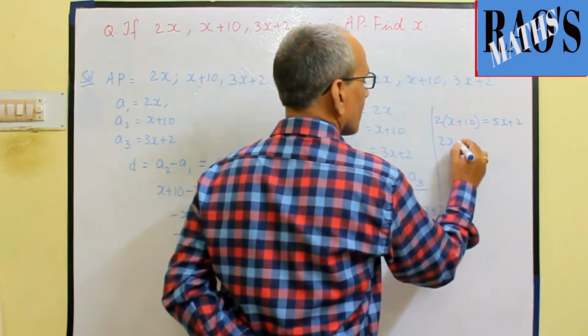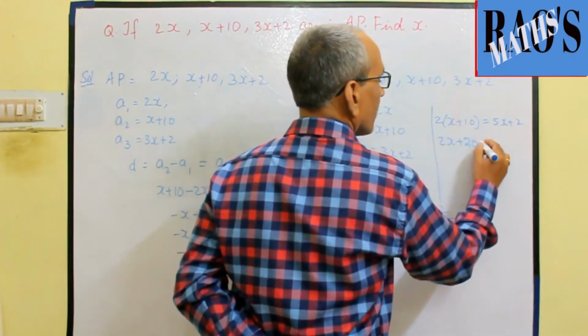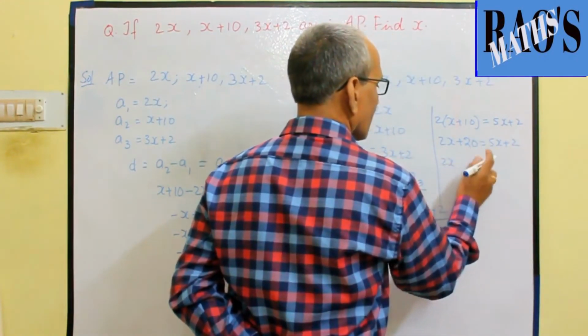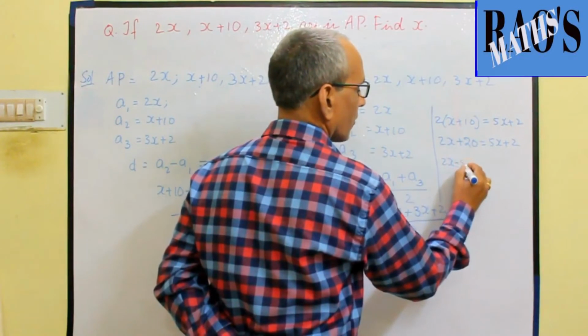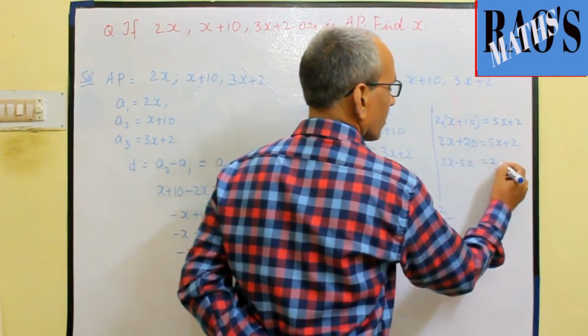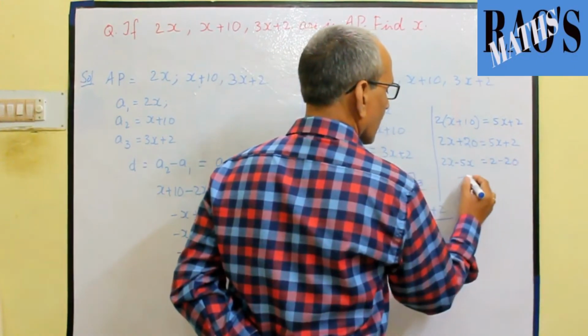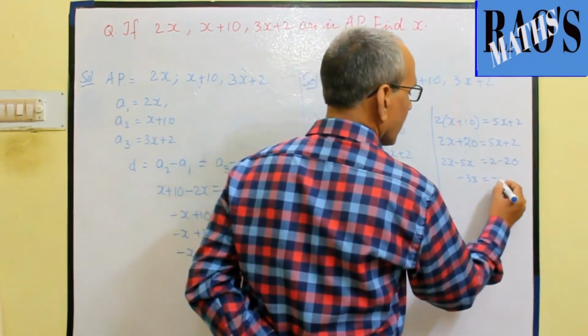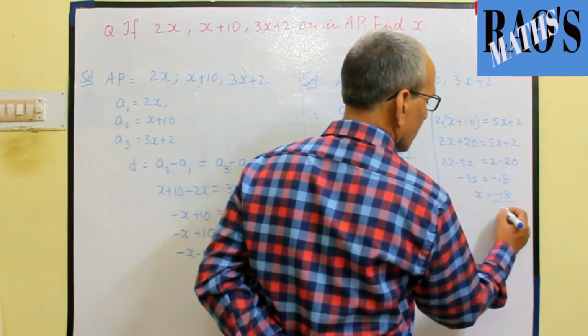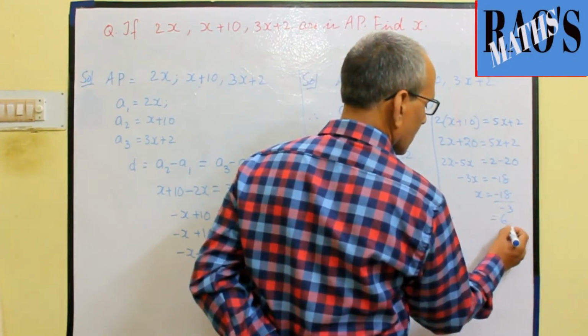So 2x plus 20 is equal to 5x plus 2. So 2x minus 5x is equal to 2 minus 20. So here minus 3x is equal to minus 18 again. So x is minus 18 by minus 3, which is 6.